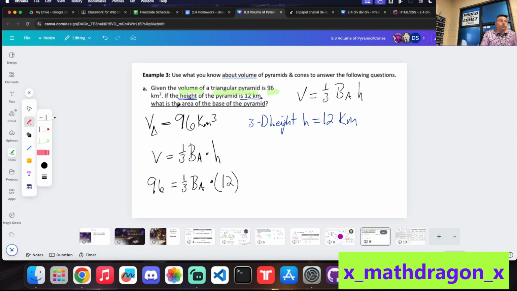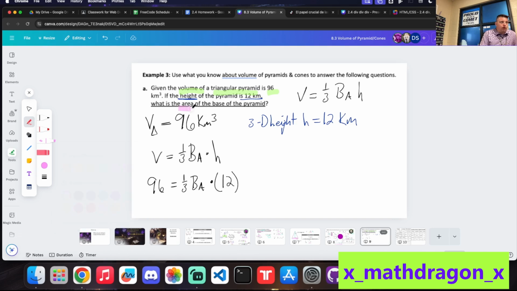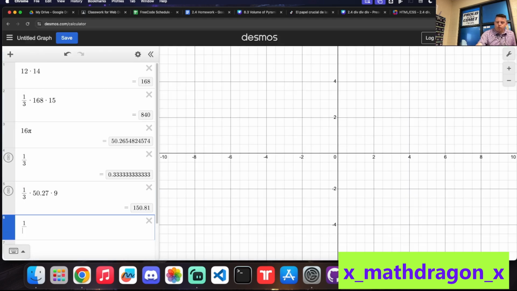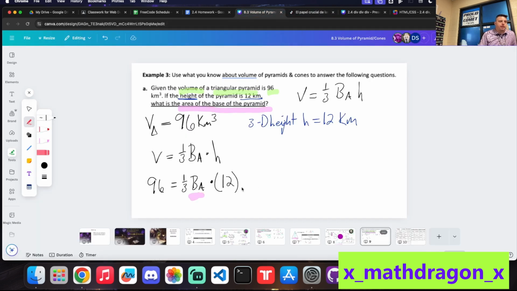And the question is asking us, what is the base area of my pyramid? So I am looking for BA. So the first thing I can do is 12 times 1/3. So I'm going to do 1/3 times 12 and get 4. So then this becomes 96 equals 4 times BA.